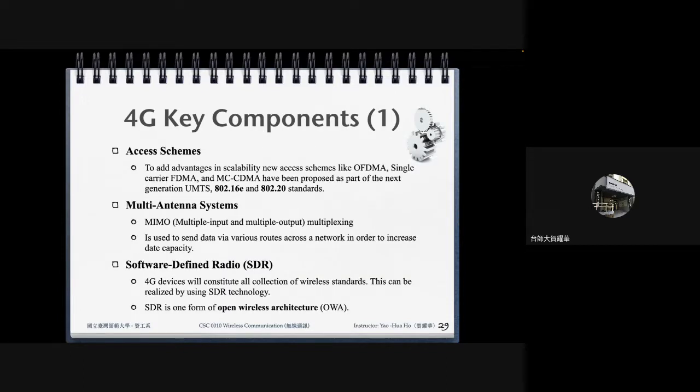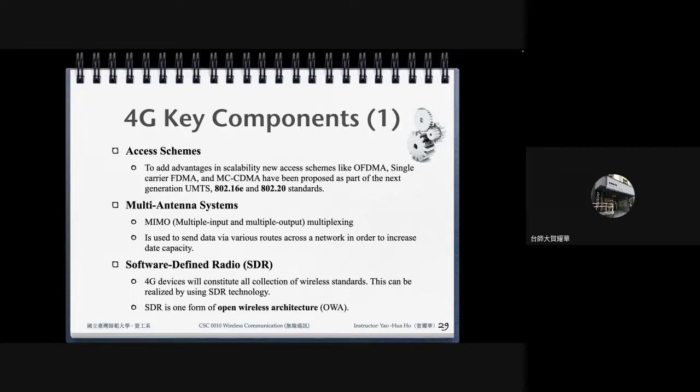So the access scheme on the fourth generation has an advantage for scalability, such as OFDMA. Okay, now it also provides a single-carrier FDMA and CDMA, as a part of the generation of the network. Okay, it has multiple antennas.